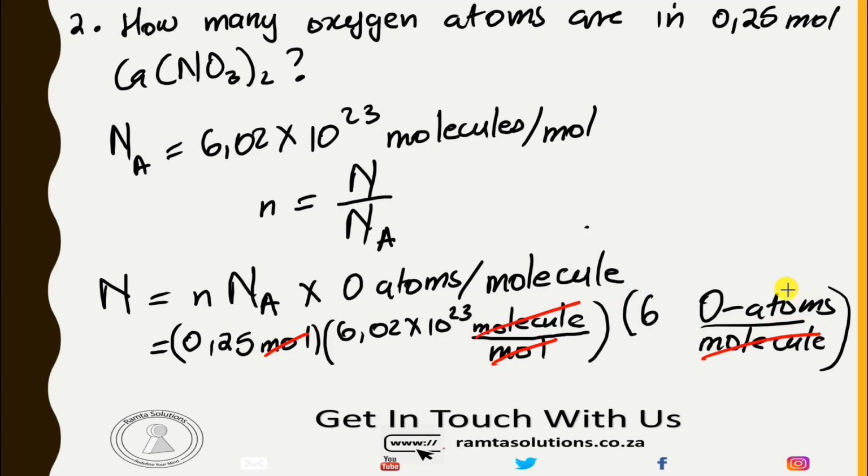Okay, now that's better. 6.02 times 10 to the 23 multiplied by 6. What is our answer? Our answer is simply 9.03 times 10 to the 23 O atoms. Okay, atoms. Happy?